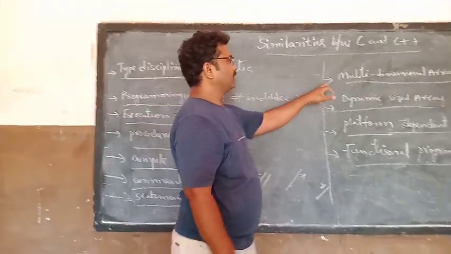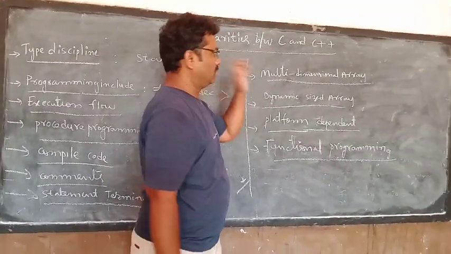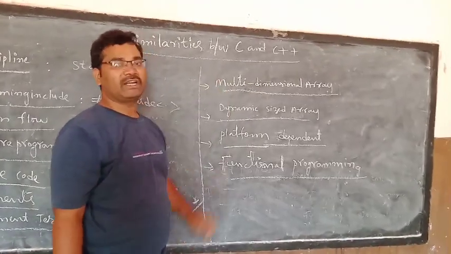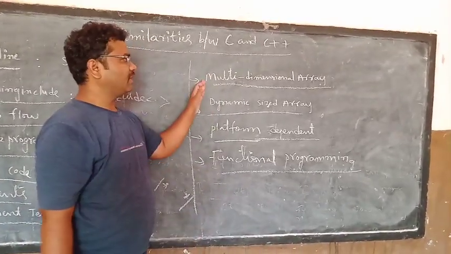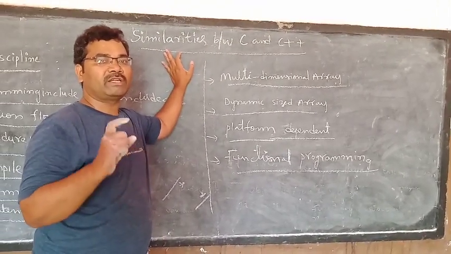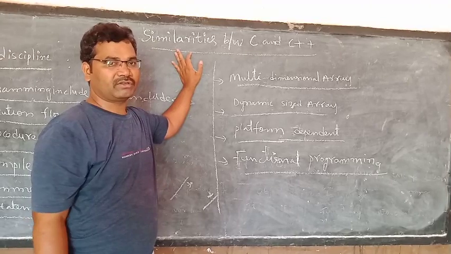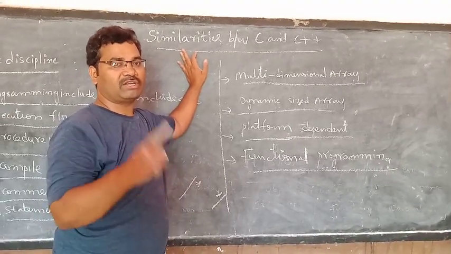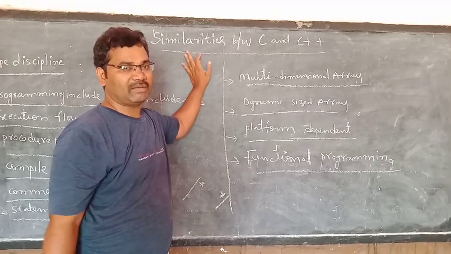Next point, multi-dimensional array. Both C and C++ support multi-dimensional arrays. What is meant by multi-dimensional array? It is an array which consists of multiple dimensions, more than two subscripts. One dimensional, two dimensional, next multi-dimensional.